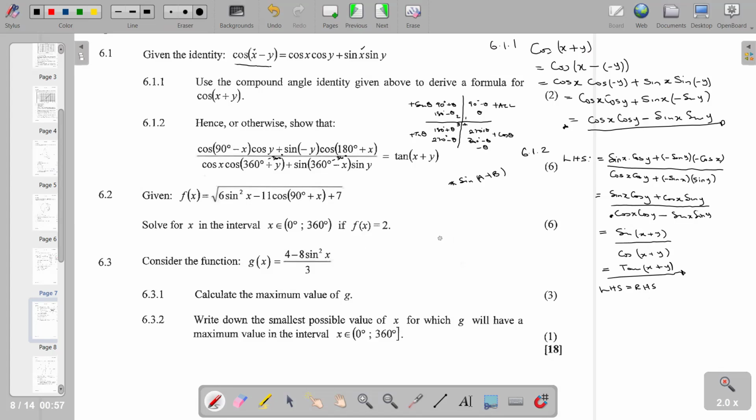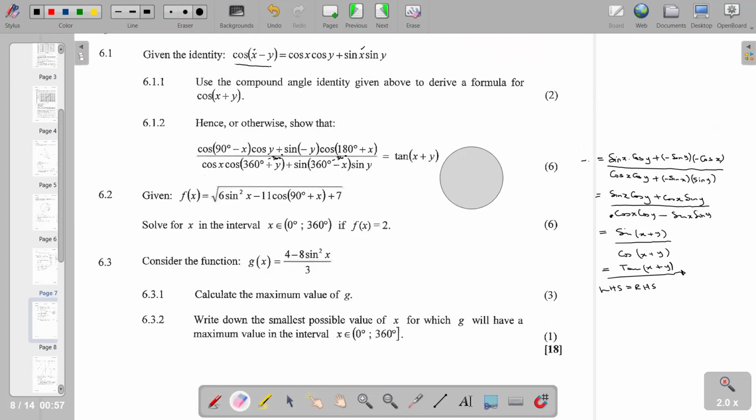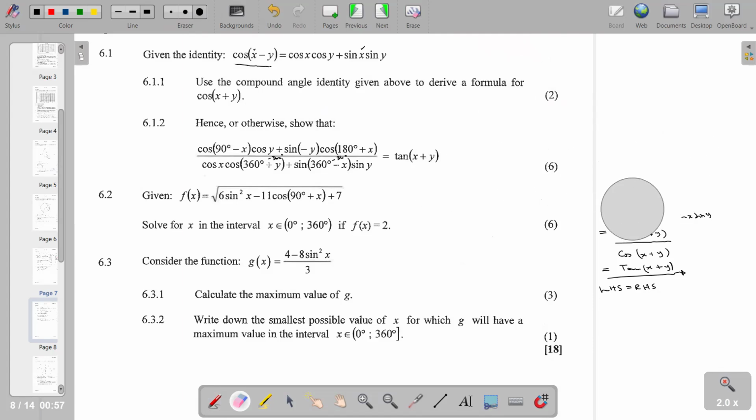Then the next question, there it is. So let's remove these first two parts. We are now on question 6.2.